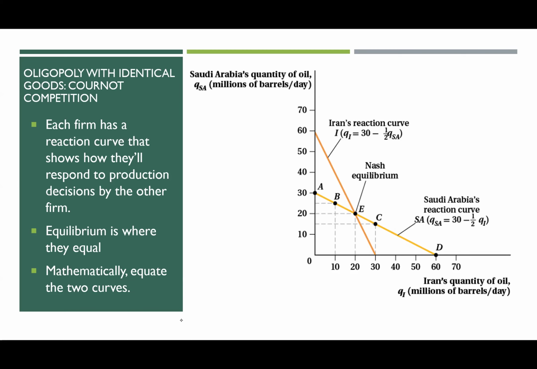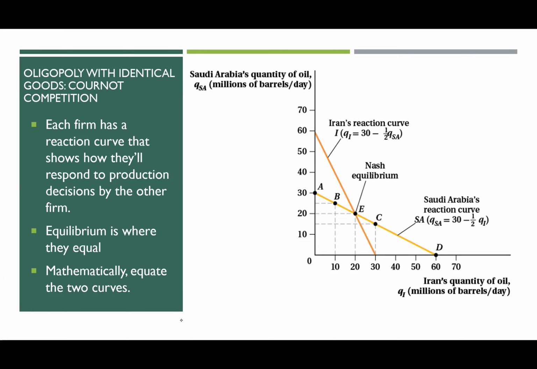All right, so you can see in the graph here, Iran and Saudi Arabia are both producing oil. Iran's reaction curve is shown in orange, and it's given by Q sub I equal to 30 minus 1/2 times the amount that Saudi Arabia produces.